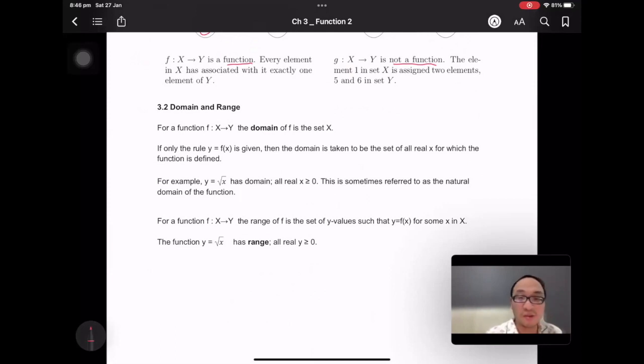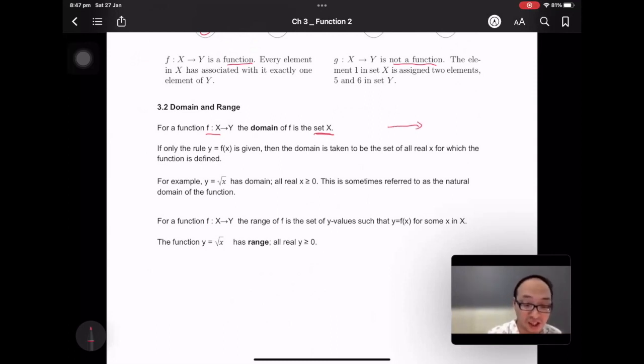The domain and the range can be determined by the function itself. Sometimes we have to set the domain by ourselves, but sometimes the domain is given from the question. The one that we have to remember is the domain is the set of values x that is inputted into the function, and the range will be the result of the function, or we call it as y-axis.